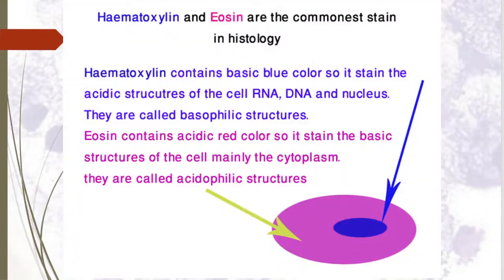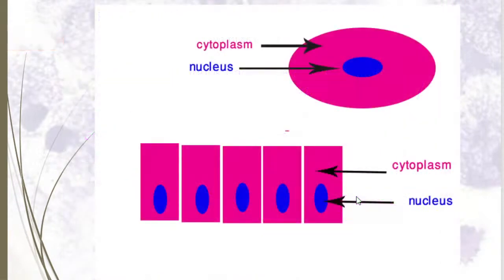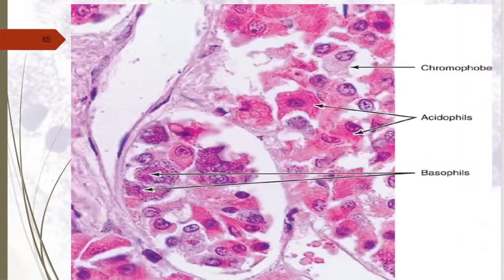Well, look at this one. Again, repeat acidophilic structure and basophilic structure. Nuclei are basophilic, cytoplasm acidophilic or oxyphilic. And again, we have to find this in all our microscopic slides. And now I present to you the photo of the pituitary gland.